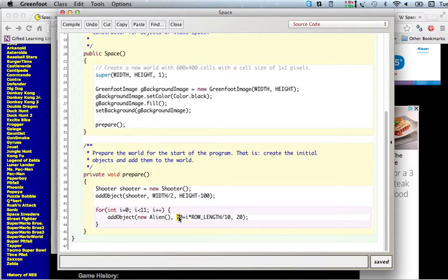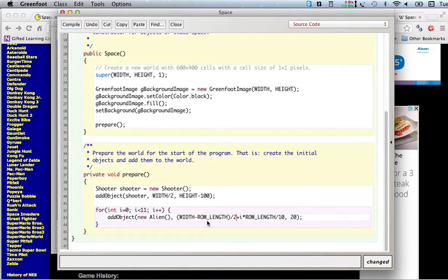So let's say width minus row length, and if I want to divide this difference by 2, I need to use parentheses to make sure I do the subtraction first, and then I do the division, divided by 2.